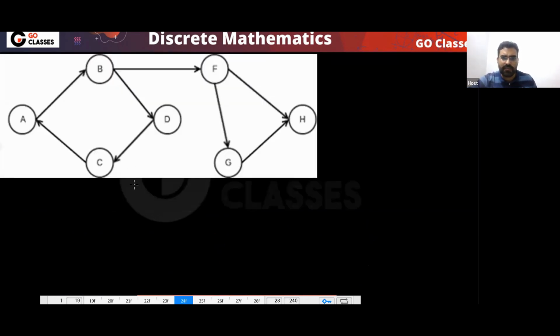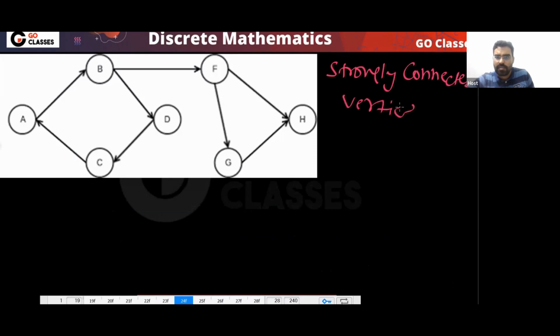So tell me, in this graph, which two vertices are strongly connected? Let's see which vertices are connected.